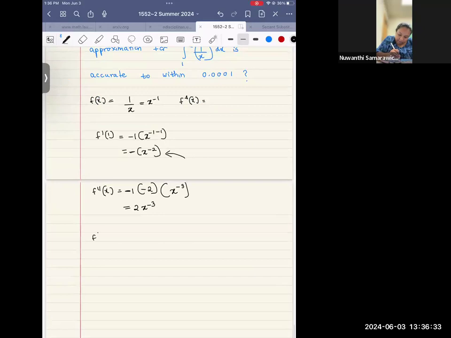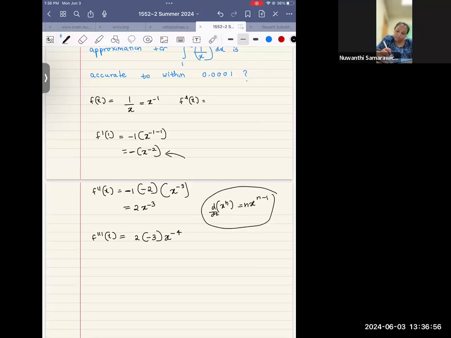So what is the third derivative? Now again by the power rule, you take -3 here, and now this will become x to the power -4. Okay, what is the power rule? The power rule is n x to the power n-1.